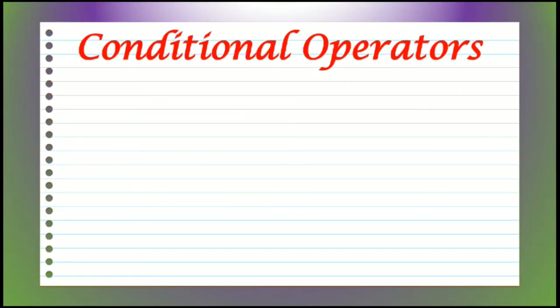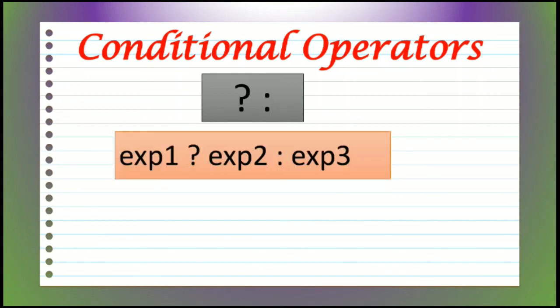Now we will see the next operator, that is the conditional operator. The conditional operator is also called the ternary operator pair, which includes question mark and colon, which is available in C to construct conditional expressions of the form expression 1, then question mark, expression 2, then colon, and then expression 3.